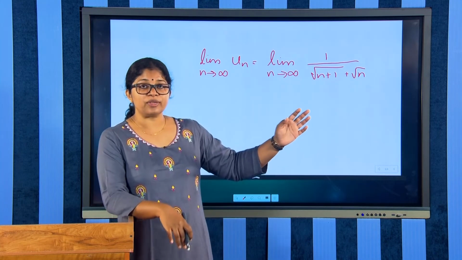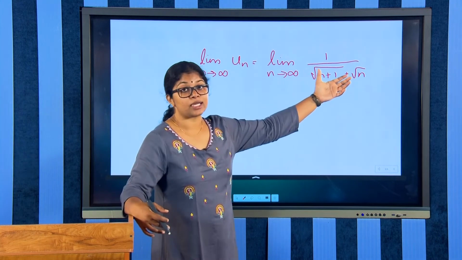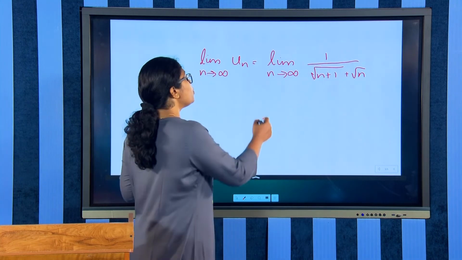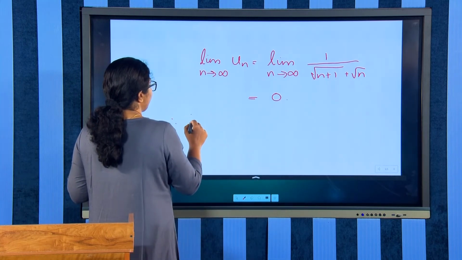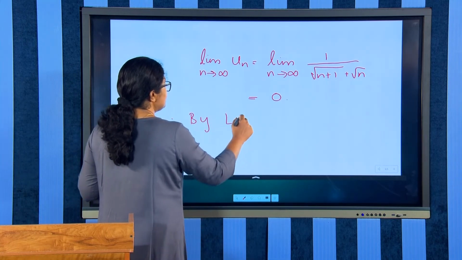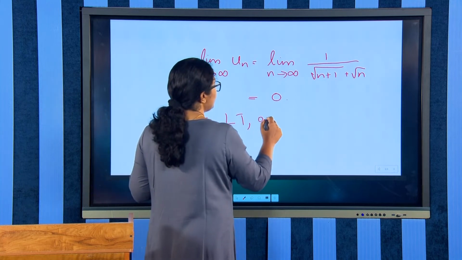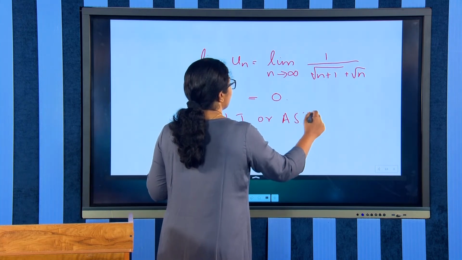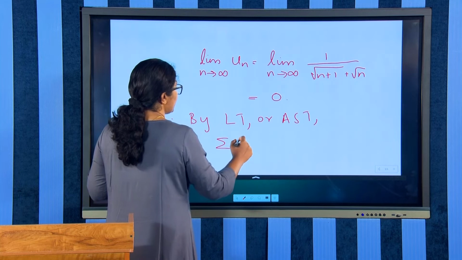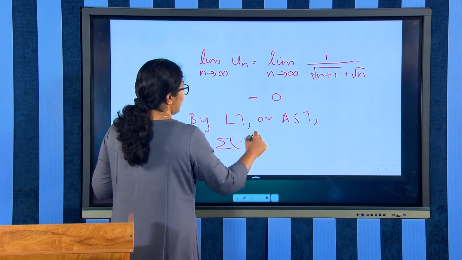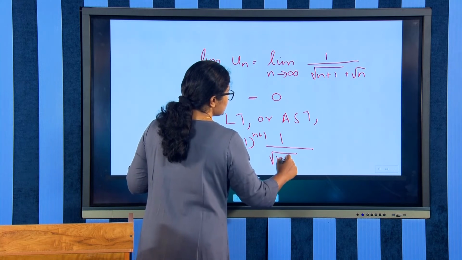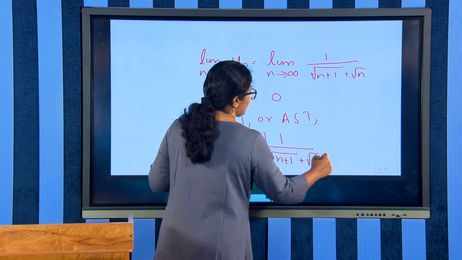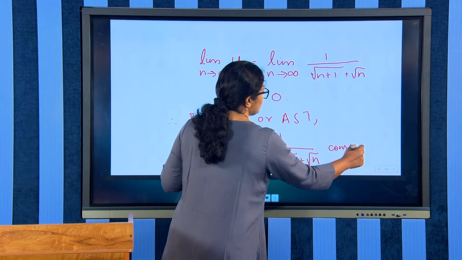As n goes to infinity, the denominator becomes larger and larger, and so this goes to 0. Therefore, by Leibniz test or alternating series test, we can say summation negative 1 power n plus 1 1 upon root of n plus 1 plus root n converges.